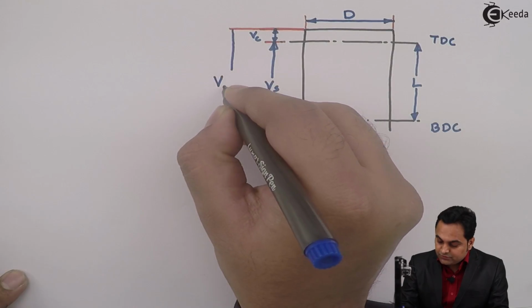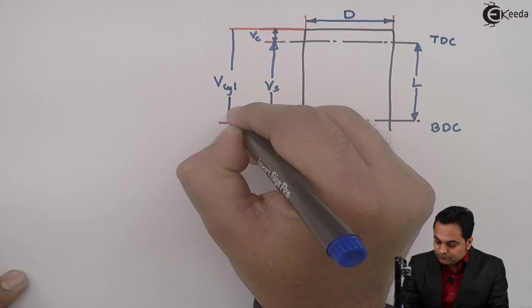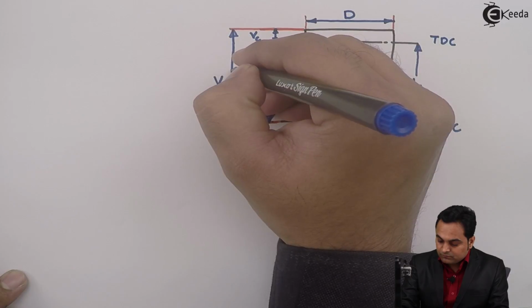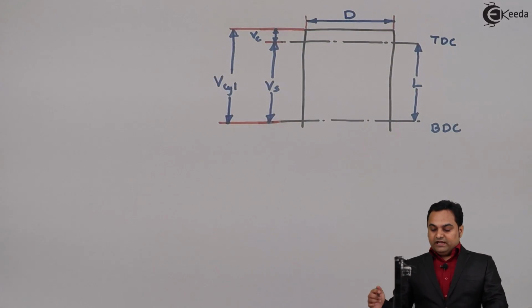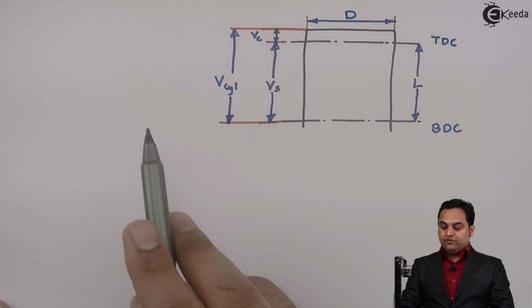Here this much is called the cylinder volume. So now we need to calculate all these values: cylinder volume, swept volume, clearance volume, and everything here.